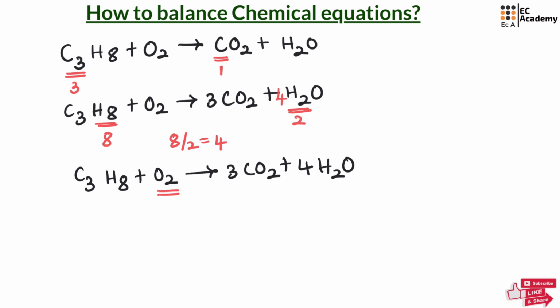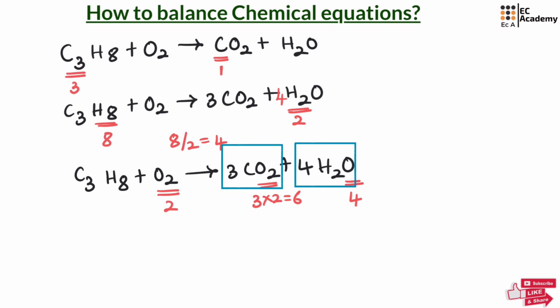Now let us balance oxygen. Count oxygen atoms on the right side. In 3CO2, 3 into 2 will be equal to 6 oxygen atoms. In 4H2O, 4 into 1, that will be 4 oxygen atoms. Total oxygen atoms will be 10. Each O2 molecule contains 2 oxygen atoms on the left side of the equation.